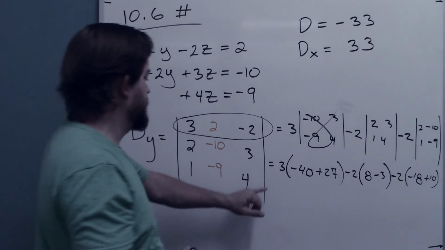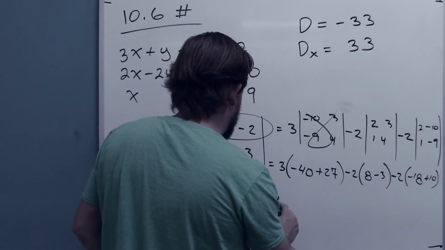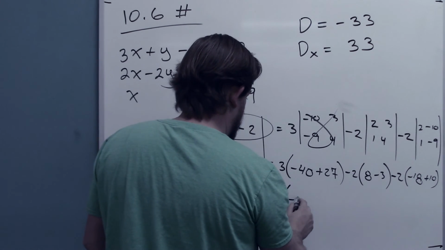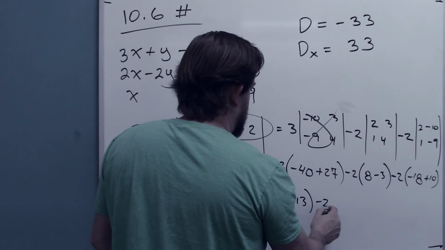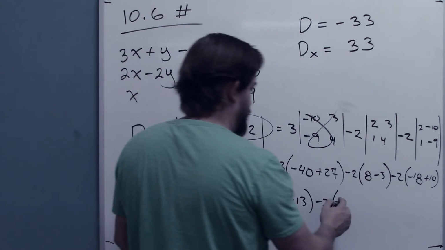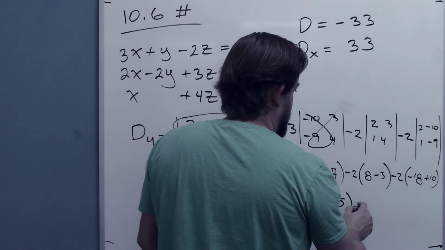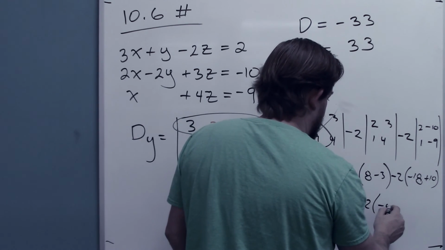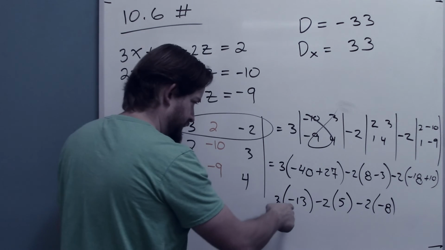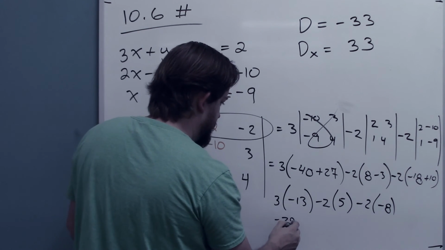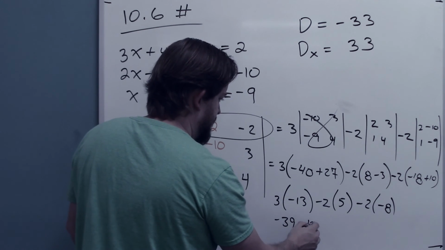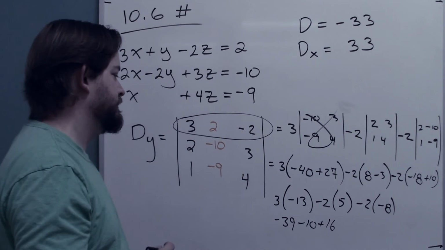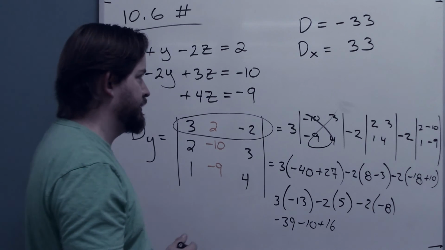Alright, so this is then 3 multiplied by negative 13, minus 2 multiplied by 5, minus 2 multiplied by negative 8. Okay. So that is negative 39, minus 10, and then plus 16. And that's negative 33.